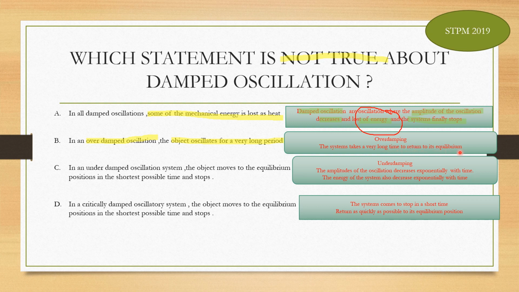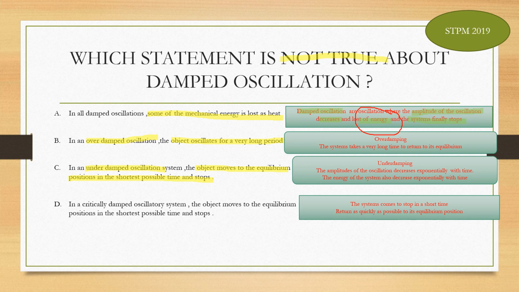So that is correct based on the concept. Let's look at answer choice C. Under damped oscillation, the object moves to the equilibrium position in the shortest possible time and stops.